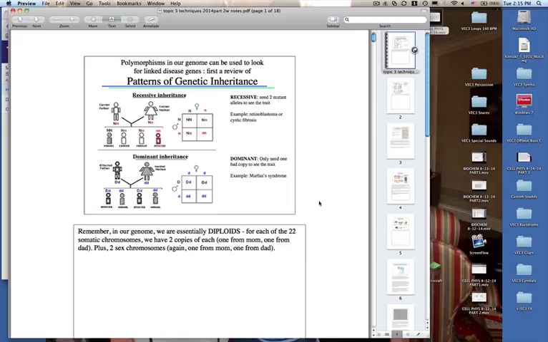The inheritance pattern is the same in terms of you're still getting 1 copy from each of your parents.